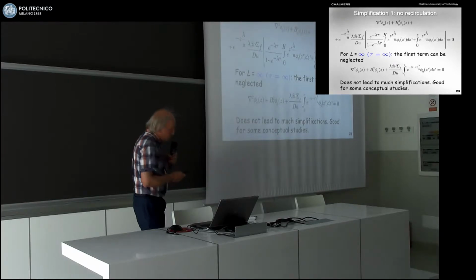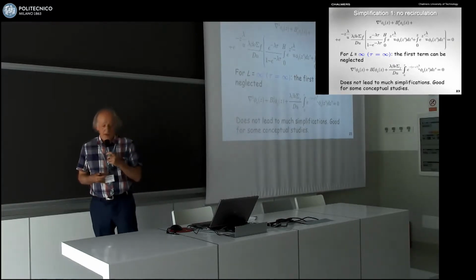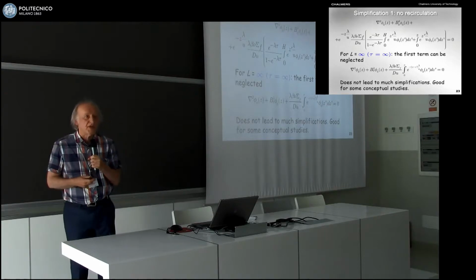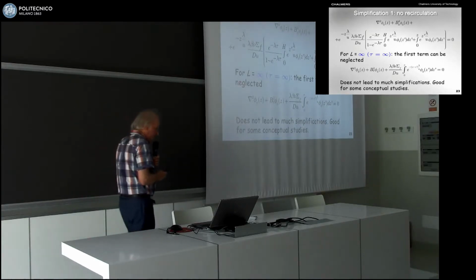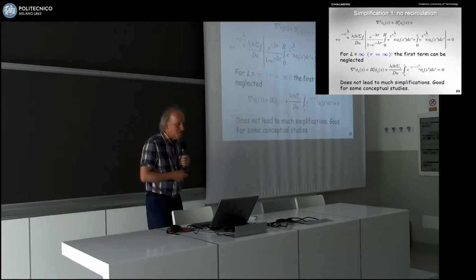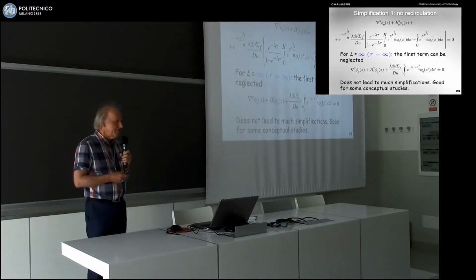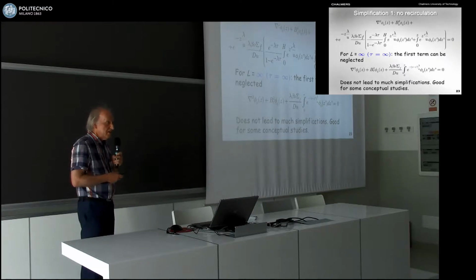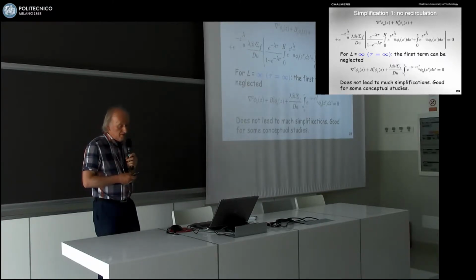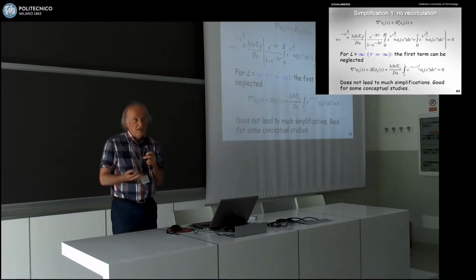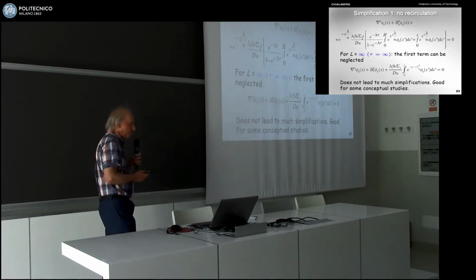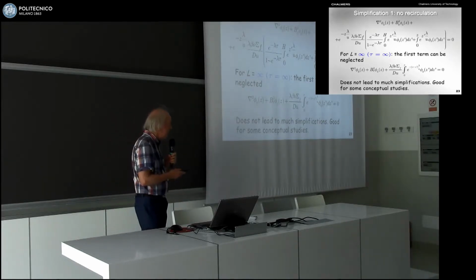Now, one can, based on this, make two further simplifications, and I will completely appreciate if you say, come on, this is already so much simplified, why do you want to simplify even further? Yeah, because it gives insight. Also, it gives a possibility to estimate the contribution or the significance of certain terms.